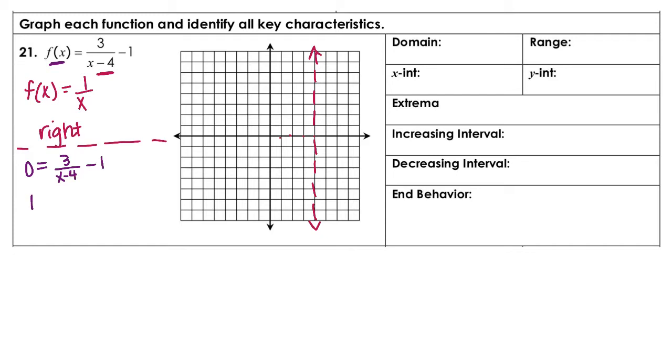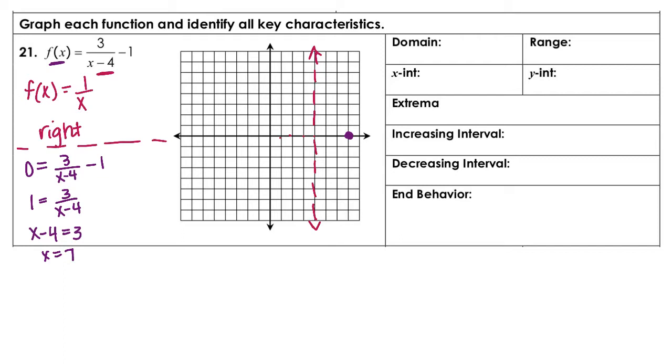I'm going to add 1 over. So I have 1 equals 3 over x minus 4. I'm going to multiply my x minus 4 over. And so we see that we're going to get an intercept of 7. So my x-intercept is going to be at 7. So 1, 2, 3, 4, 5, 6, 7. So I know this graph is going to cross right there.